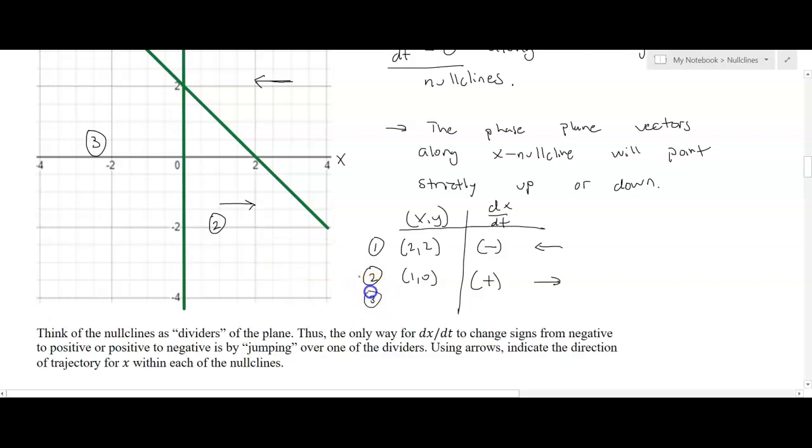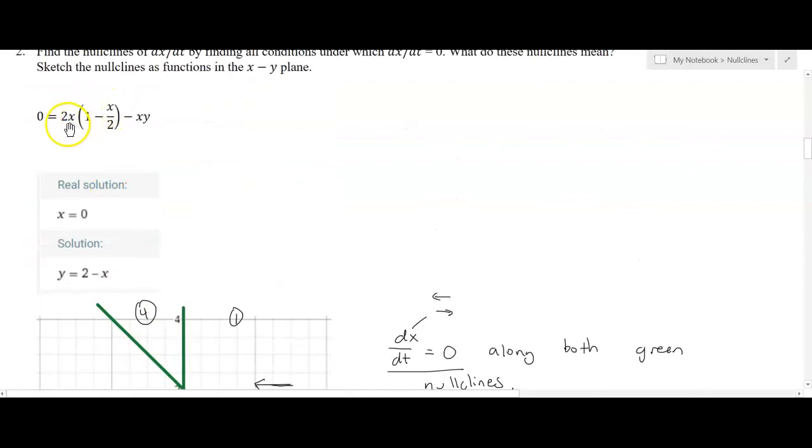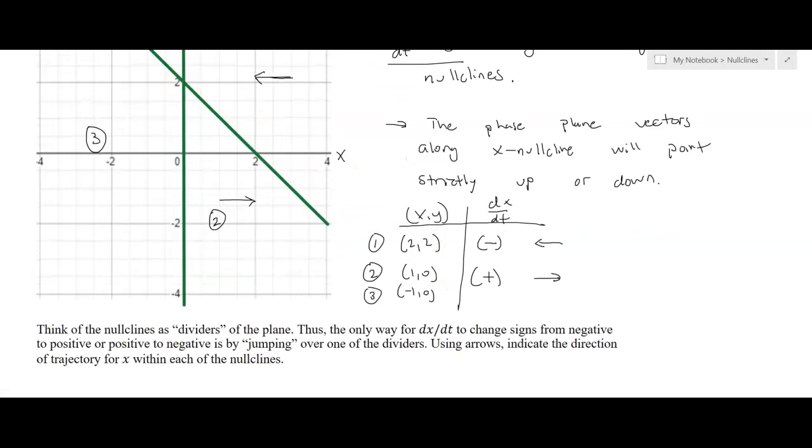Now region 3. I'll pick one over here: negative 1, 0. That's an easy point to pick. If I plug in negative 1 for x, you'll see that we end up with a negative number. You still do have to plug these in. You have to be careful because, even in Calculus 1, when we have a critical point, it may be neither a max nor a min.